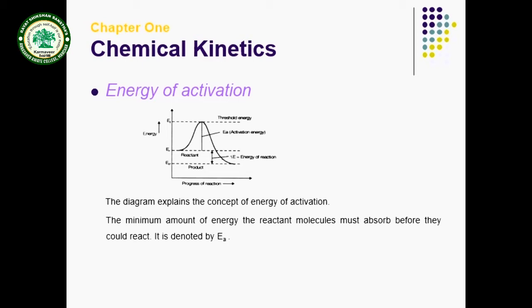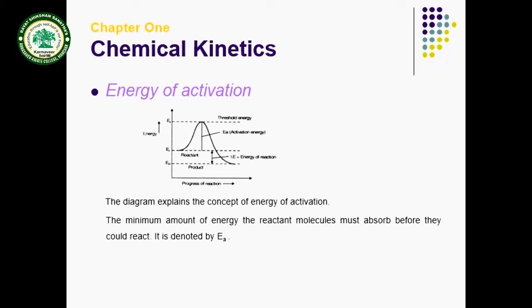And here a peak is there and the corresponding value of energy is Et, that is the threshold energy. The difference between this threshold energy and the energy of reactant is known as the activation energy, EA. So activation energy is the difference between threshold energy and energy of reactants.